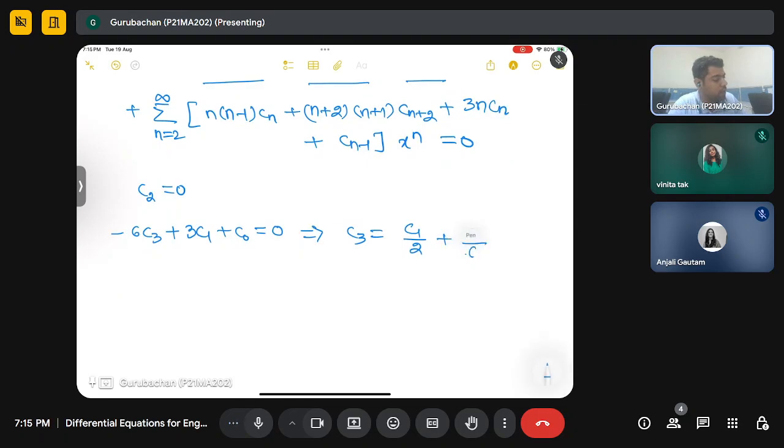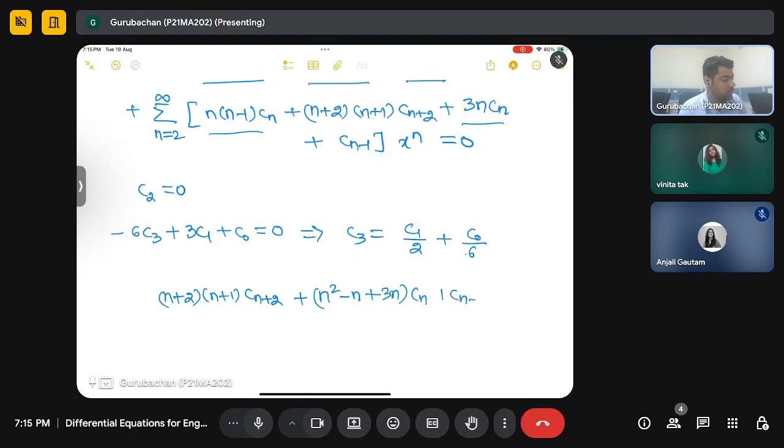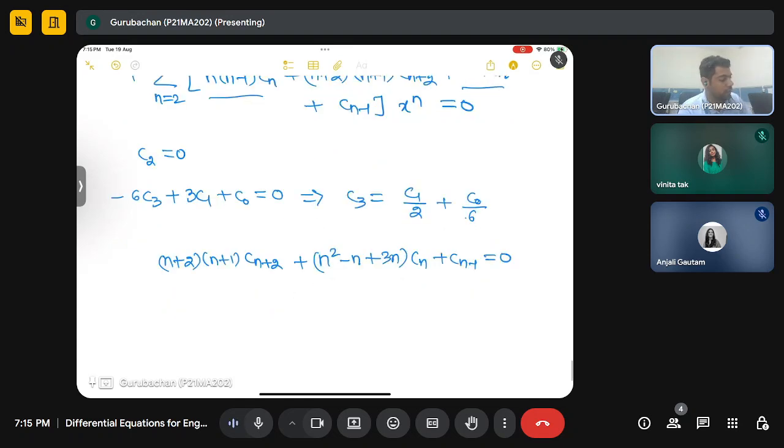So our main recurrence relation in terms of n will be like this: n plus 2. I'm rearranging a little. I'm giving preference to the coefficient of Cn plus 2, and the other will be with a negative sign. So it will be n square minus n plus 3n times Cn. I have combined these two terms, and the last one is Cn minus 1, equal to 0, and this expression will hold for n greater than or equal to 2.